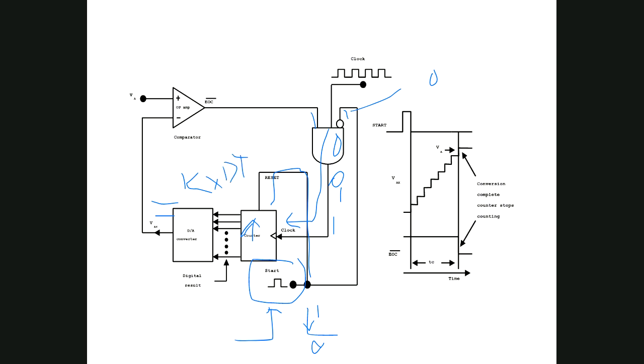The counter will keep counting unless VAX becomes more than VA. When this becomes more than VA, it will become 0. When this 0 comes here, this will stop working. At that time, whatever is here is our output.